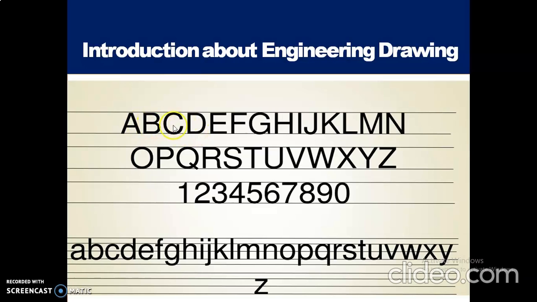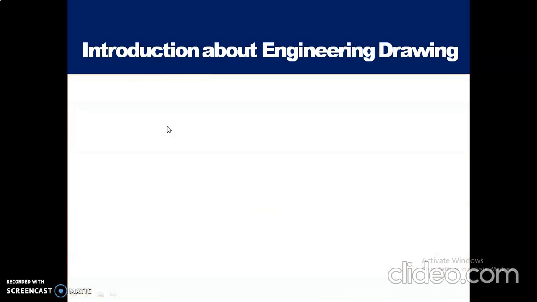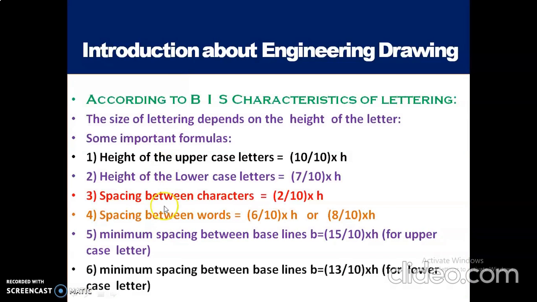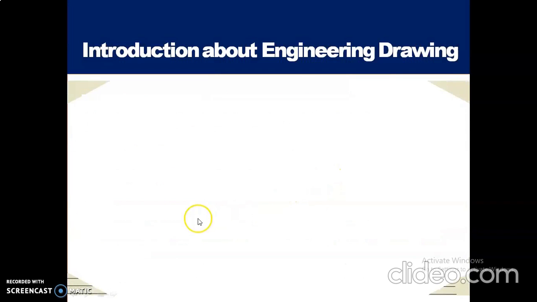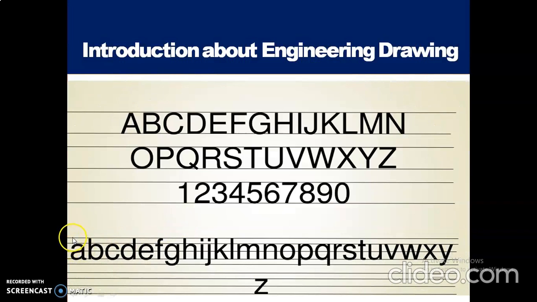Next, spacing between words should be 6 mm, or 6 by 10 into H. The height of the lowercase letter should be 7 by 10 into H.